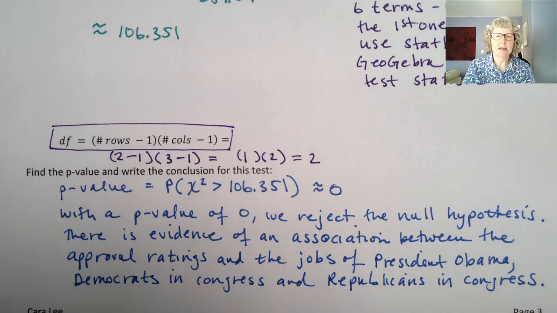So that's why I'm going to tend to use the word association or relationship versus dependent. Sometimes you will see that, though, kind of depends on the textbook. But just to be aware, we don't want to convey causation. We just want to state if there's a relationship or not, or independent or not. Okay, great. Well, let's stop here and we will go to the next page. I'll show you that in the next video.